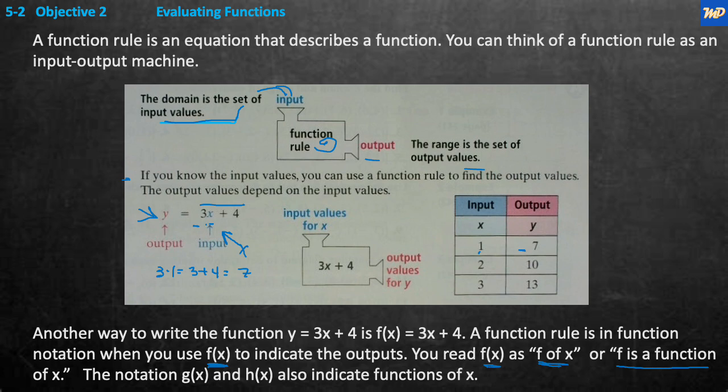The notation g of x and h of x also indicate functions of x, because the x is right here inside the parentheses. It could be any letter you want, something of x. It doesn't have to be x either. It could be some other value, but in our case, we're calling it x.